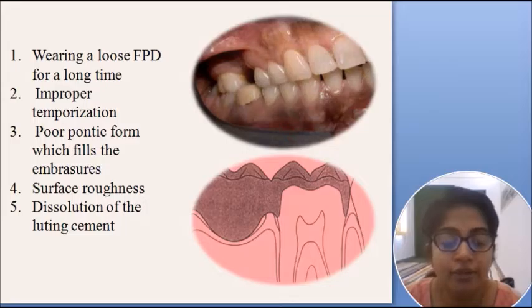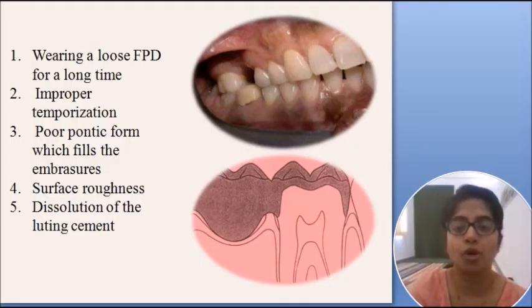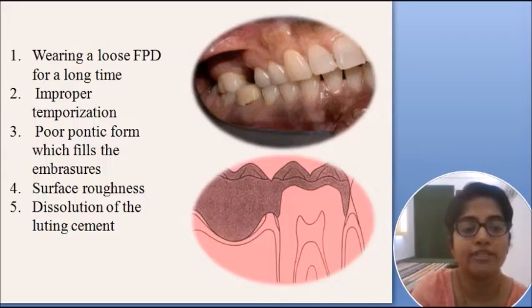Another very important reason listed here is wearing a loose FPD for a long time, where the microleakage goes on happening and the condition goes on worsening. Then there is improper temporization, which leads to incipient caries that progress over a period of time.